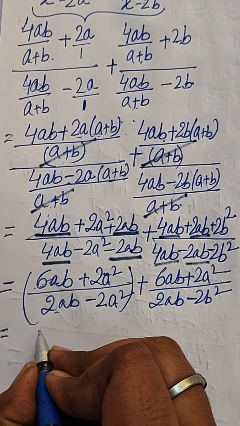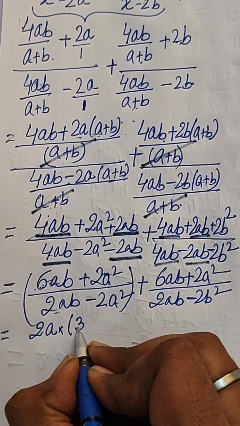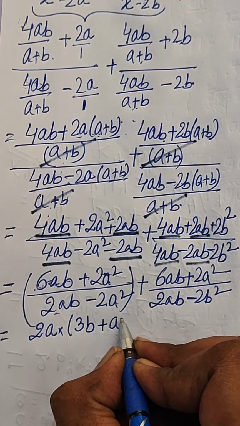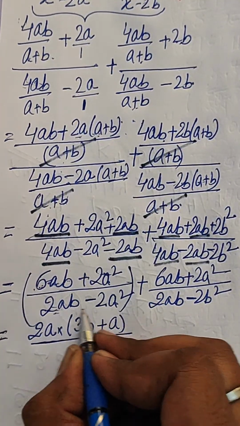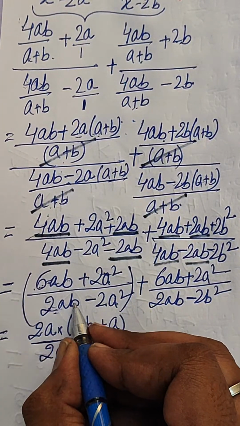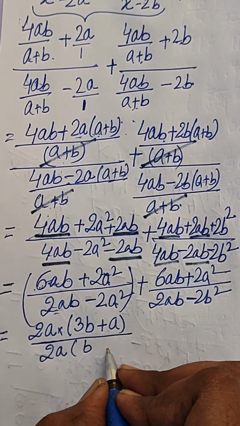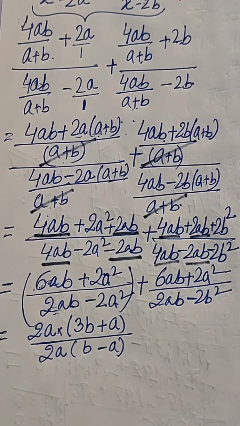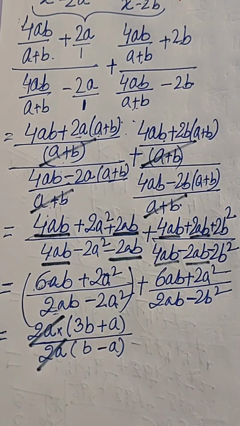So when 2a is taken as common, we have 3b plus a left, divided by, here also in the denominator of the first fraction 2a can be taken as common, and we are left with b minus a. The benefit of this is 2a can be cancelled out, right?